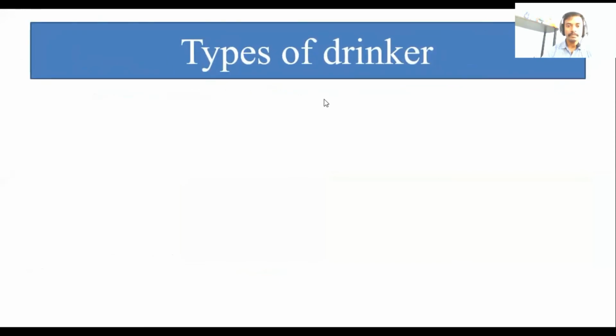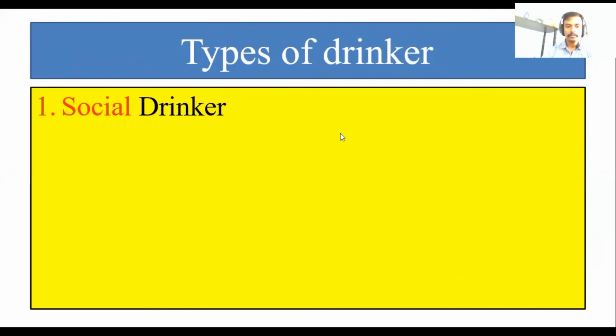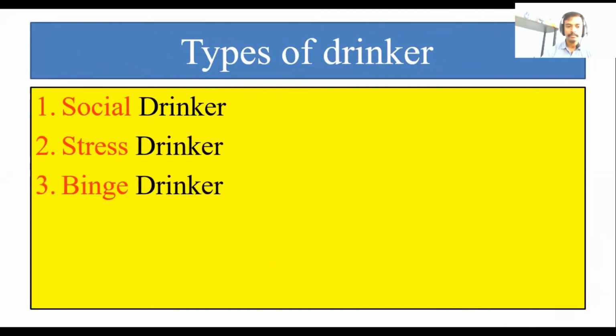Then types of drinker: social drinker, friends together drinking at the time of celebrations. Then stress drinker, who drinks alcohol to remove stress. Third, binge drinker. Binge means using an excessive amount of alcohol to avoid issues.